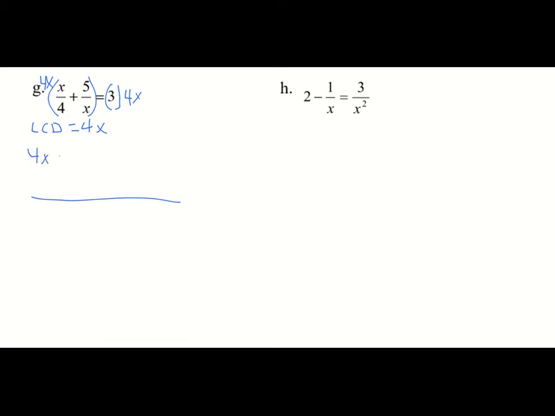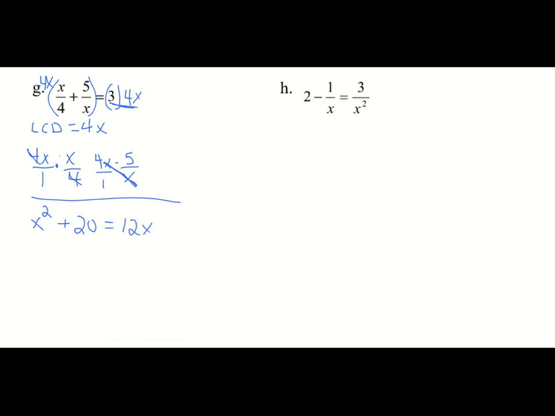4x times x over 4. My 4's cancel, and we'll end up with x times x, or x squared. 4x times 5 over x. My x's cancel, and 4 times 5 is going to be plus 20. And then on the right-hand side, 3 times 4x will equal 12x.